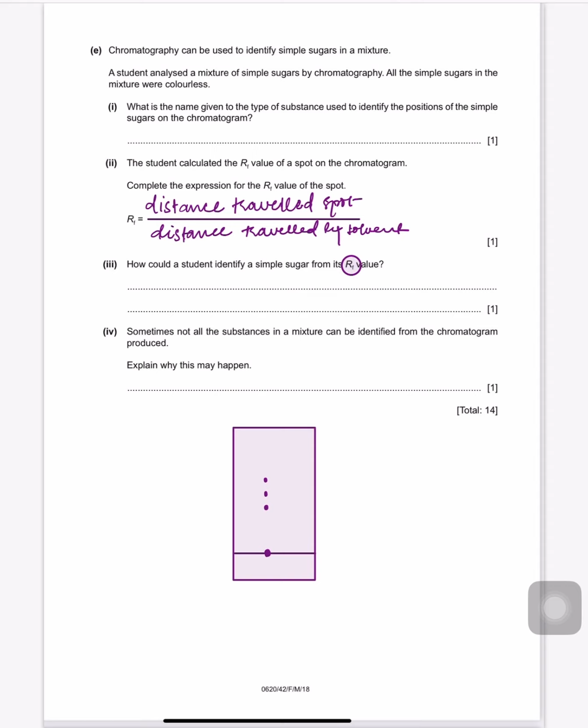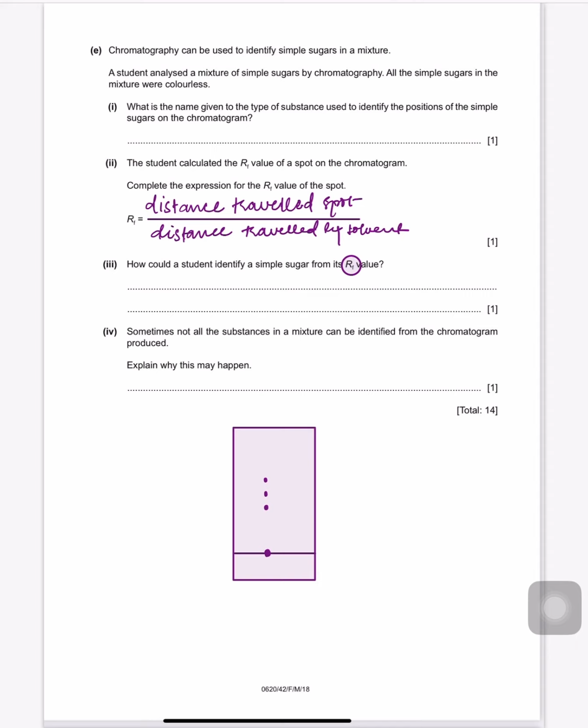We may say that 2 parts have the same RF value. That's why they are superimposing each other, coinciding with each other. Hence, this is the reason we find it like this. Okay, so it is part of one of the questions. The E part was there and I have taken only that part to solve the topic of chromatography here.